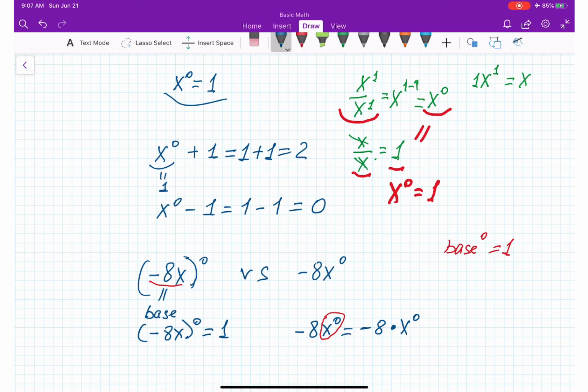And what do we get? Negative 8 times 1, and the result is negative 8. So you can see these parentheses change it: in one case you get 1, in another case you get negative 8.